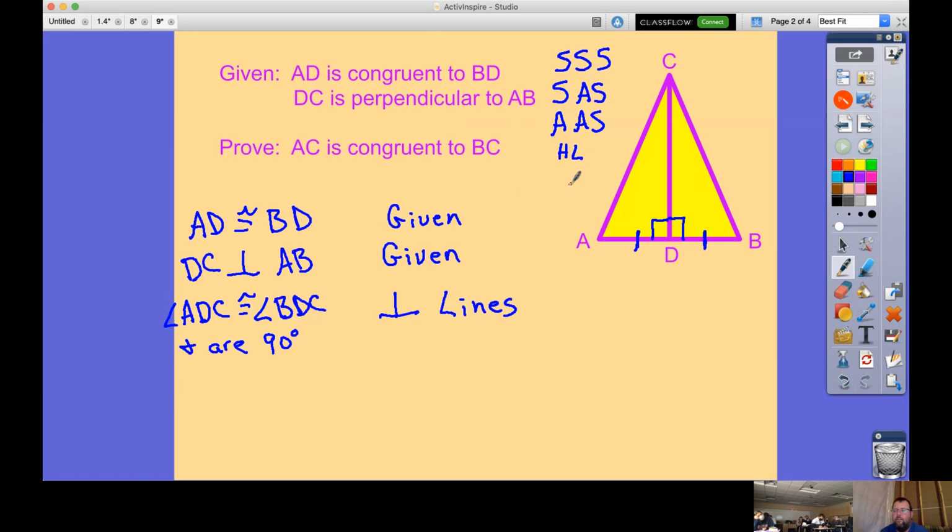All right, now if you look at these two triangles here, do we know any other two parts of the two separate triangles that are the same? The side that they share. Yeah, the side that they share, right? So CD is congruent to CD.